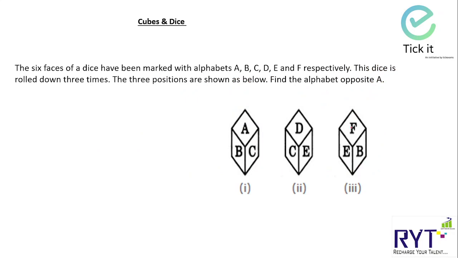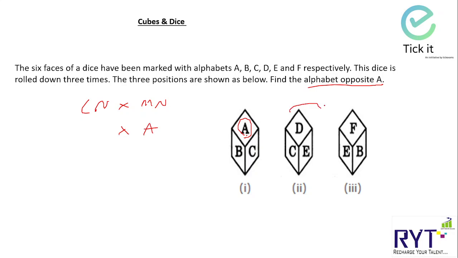Here find the alphabet opposite to A. When I observe, I have A only in figure 1, but it is not in figure 2 and 3. So I will apply rule number 1, common number opposite to missing number. Since A is not common, I will take it as the missing letter.